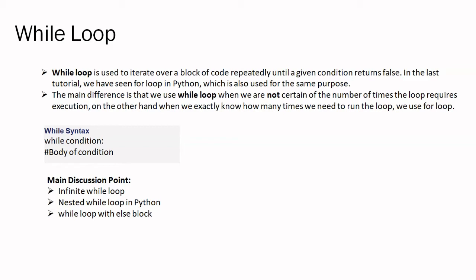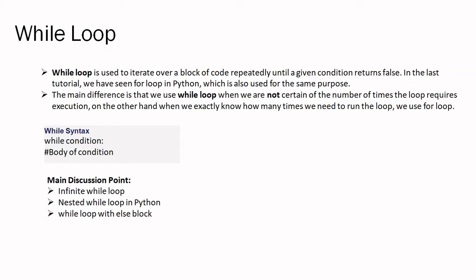A while loop is used to iterate over a block of code repeatedly until a given condition returns false. In the last tutorial, we saw the if else condition in Python, which is also used for conditional purposes. But the for loop plays a major difference with the while loop: we use the while loop when we are not certain of the number of times the loop requires execution.